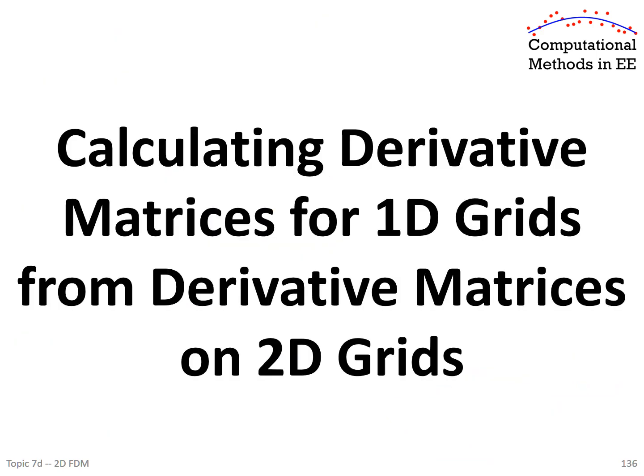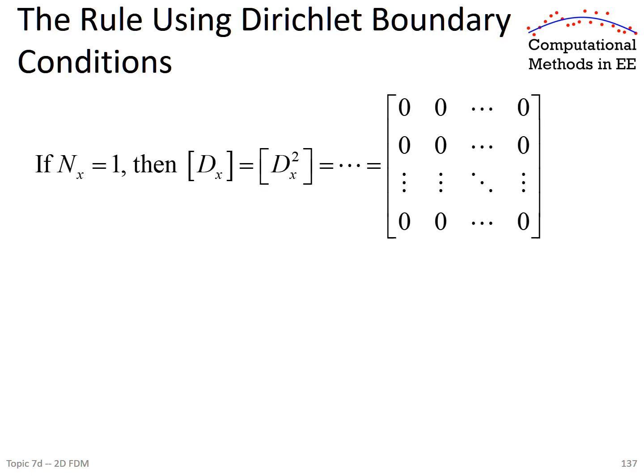One final slide, and I hinted at it in the beginning, but we don't have to write separate functions to build derivative matrices for 1D grids and then 2D grids and then 3D grids. I'm only going to show how to get the 1D derivative matrices from a function that would give you derivative matrices for 2D grids. For the most part, if you write a function to build the 2D derivative matrices, it just works without modification.